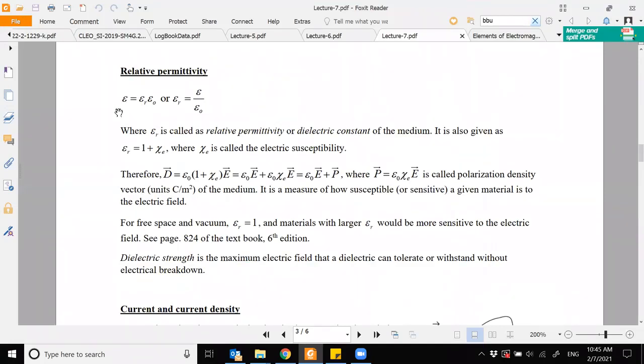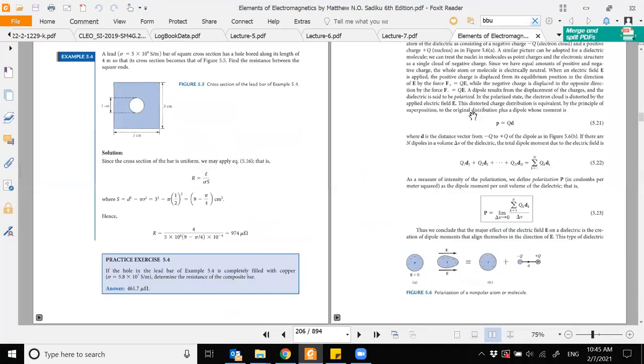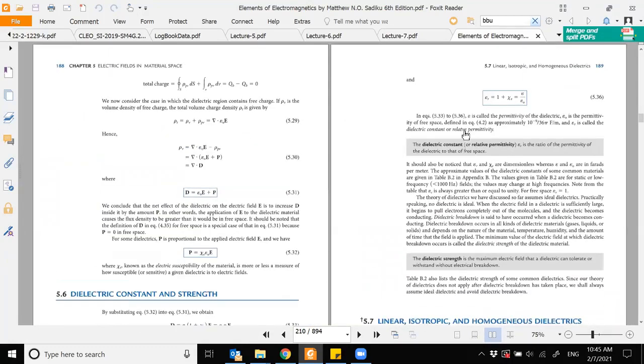Now we are just going a little bit inside what epsilon is, but not too much, because we only need to look at the expressions and just remember the little bit of physics behind it. We are not going to look at all the derivations, because you have them in the book, but unfortunately we will not be able to do the derivations. We will just take these expressions. That's it.